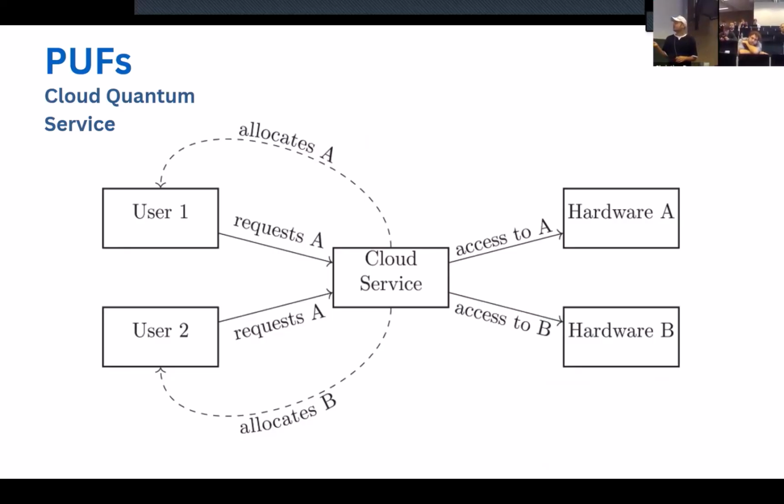In that case, we can use a physically unclonable function to authenticate that the protocol we sent to IBM is actually running on the hardware device for which we are paying, and not on some cheap hardware device. So this is a particular use case for PUF.